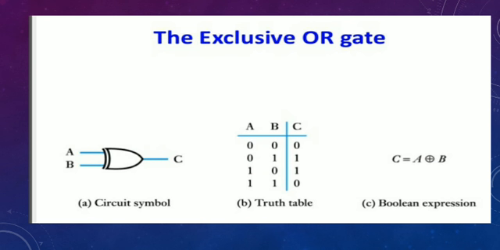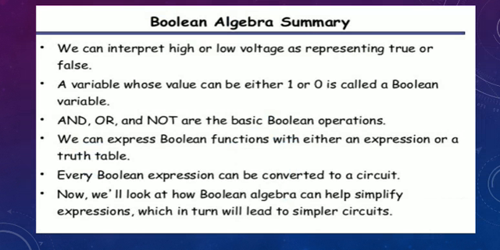If you substitute the values in the formula A bar dot B plus A into B bar, you will get this type of output. This is the truth table. What is the formula? A exclusive B.